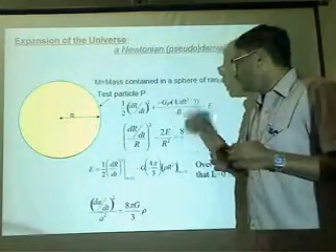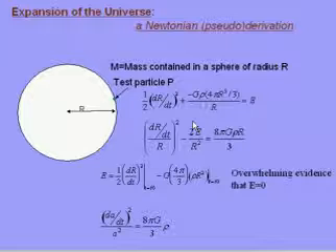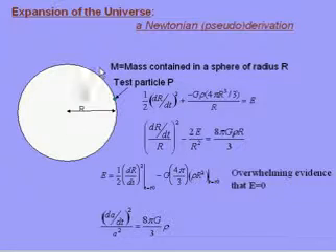So if rho is the density of matter in the universe at any time t, then the matter content inside the sphere is rho 4 pi r cubed by 3. And hence the gravitational potential for this test particle arising out of the sphere is minus G into the mass of the sphere divided by r. Now the sum total of these two things will be the total energy per unit mass for this test particle.